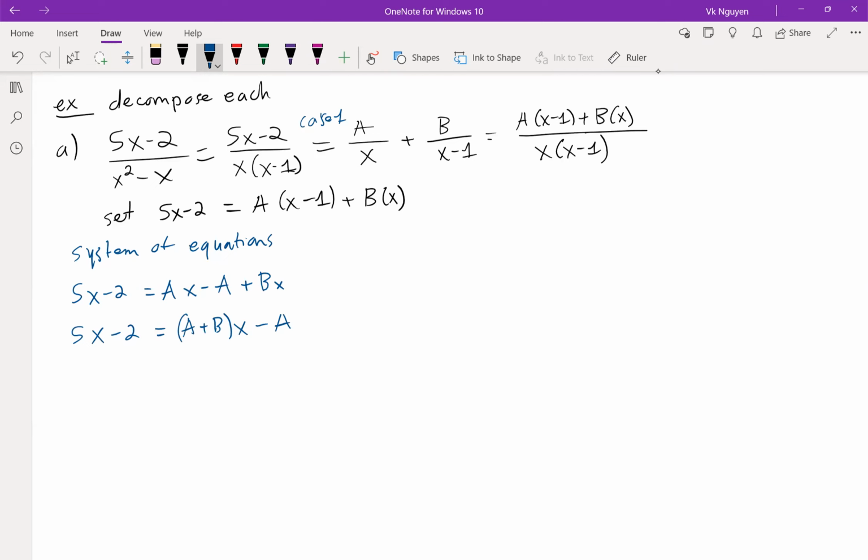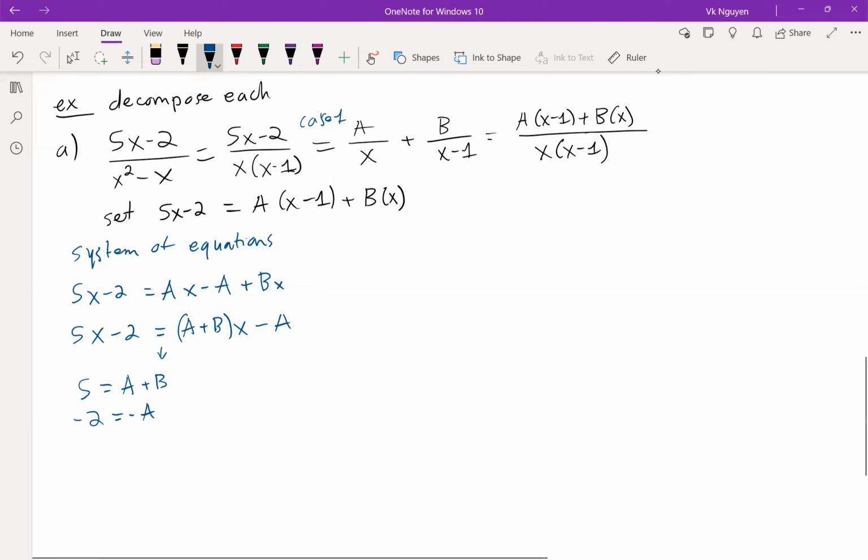The coefficient of x must be the same. So 5 must be equal to a plus b, and negative 2 must also equal negative a. Okay, it's the system of equations.